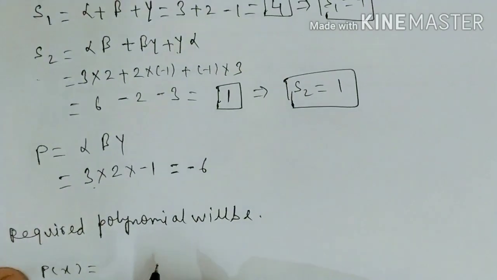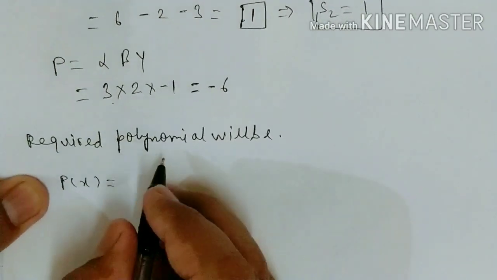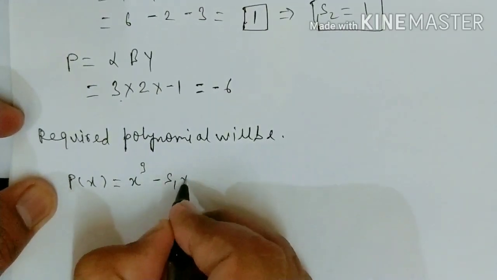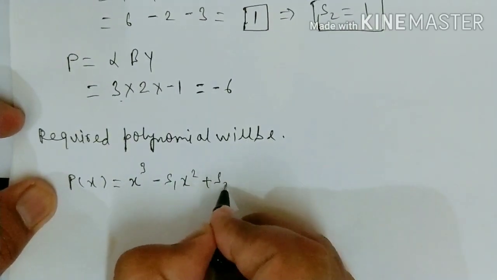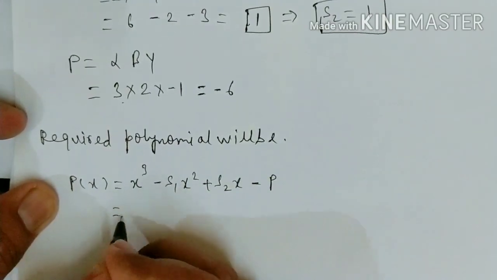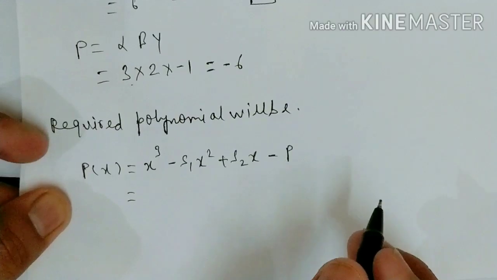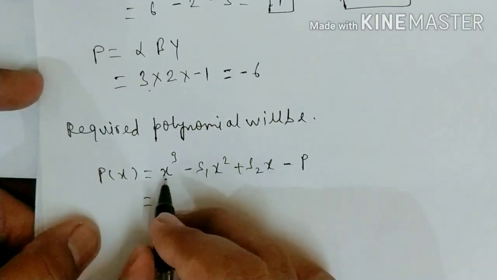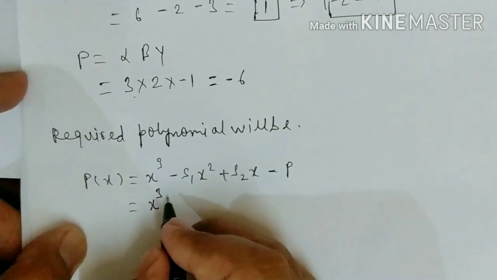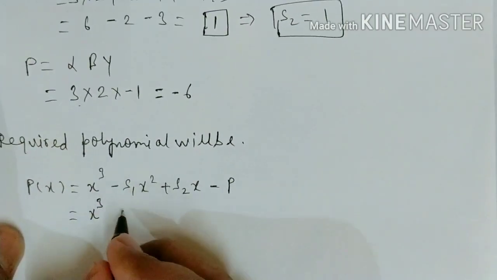I will write the formula once so it will be easier to put the value. x cube minus S1 x square plus S2x minus P. So what is x cube? At the place of x I will be writing x cube.